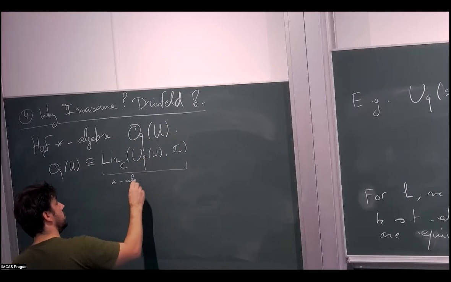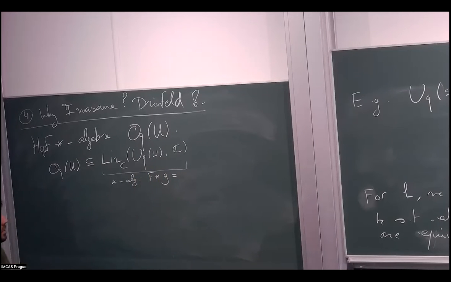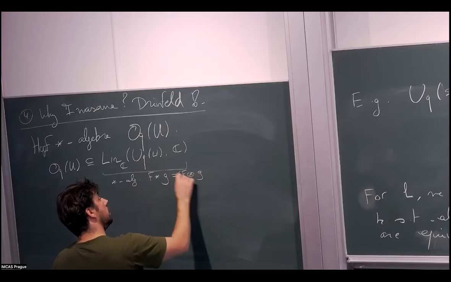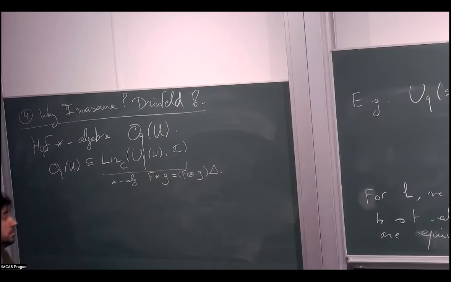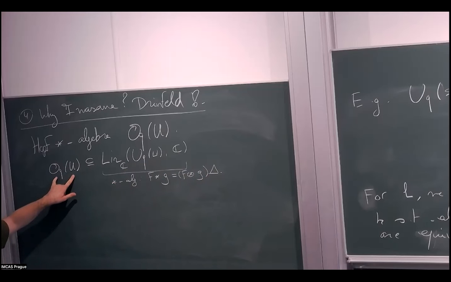I will not explain the star structure. Let me just write for you the product. If I have two linear functionals, since I have a coproduct, I can make a new linear functional by first applying delta and then the tensor product of the linear functionals. So this is always a star algebra. In general, it's way too big. So I look at a suitable sub-star algebra.